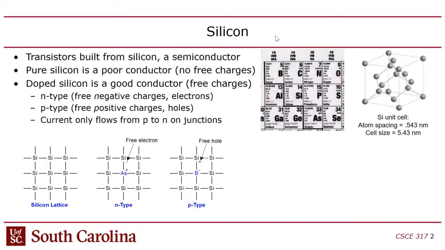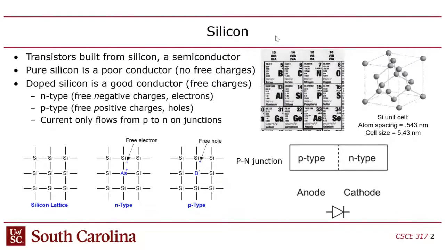So that's p-type, and then n-type silicon is formed when you dope the silicon structure with an element from group 5, or column 5 in the periodic table, such as phosphorus or arsenic, and that will give you n-type silicon, which has electrons that can move around and serve as charge carriers. So charge carriers make the semiconductor more conductive.